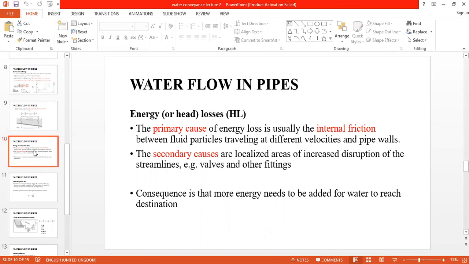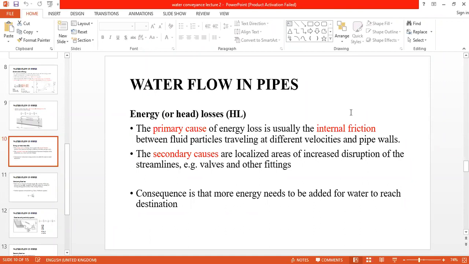But also there are other fittings that we apply to the pipes, maybe T-junctions and other things that we put to the pipe. For example, the connectors, the valves, and other things. Those ones, they will increase the friction as well.